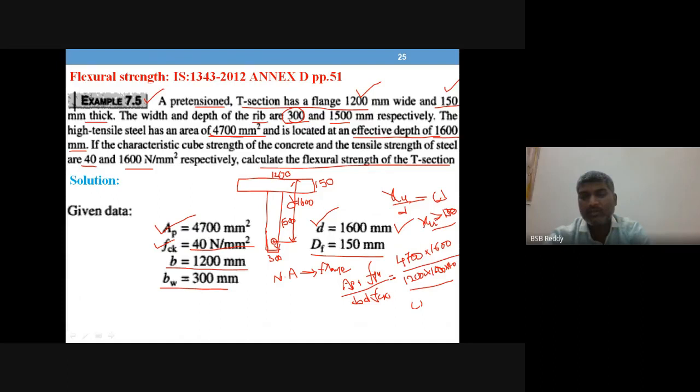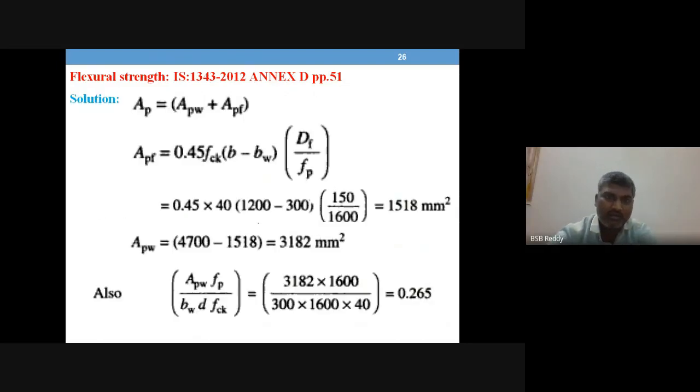Okay, so this part is missing in the textbook. So you do this part, and say that your assumption is wrong. I mean, neutral axis falling in the flange is wrong, and now you go for calculating APW value.